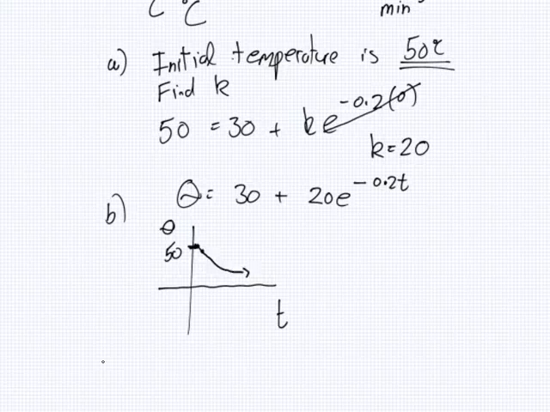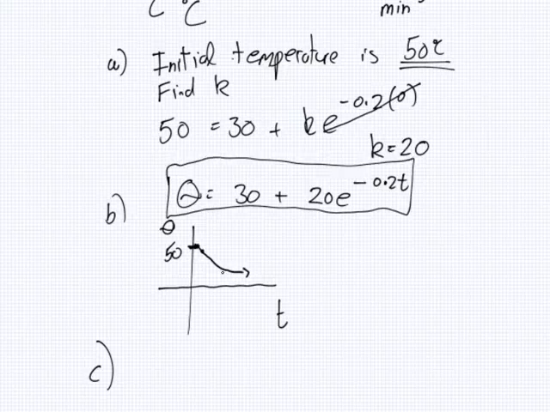So then my next question, and this is one I'll let you try first before I do it. Now that we have our formula and we have a graph, I would like to know when the temperature will be 25. I want to know at what time or how long until the temperature drops to 25 Celsius.